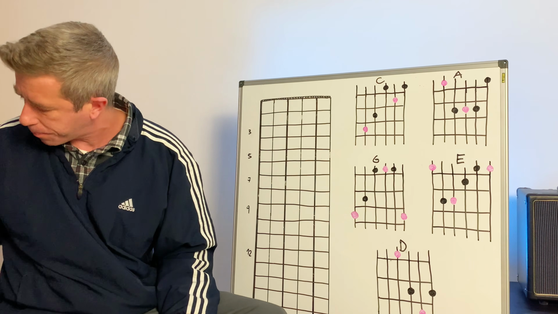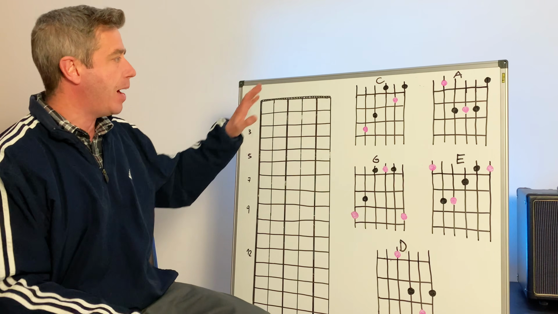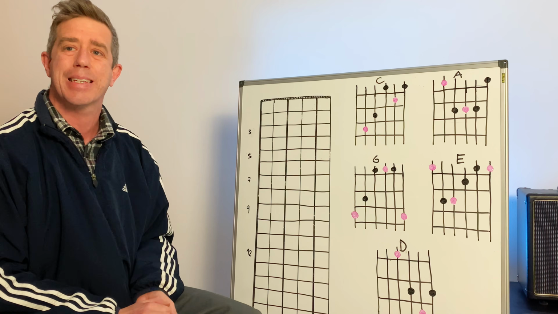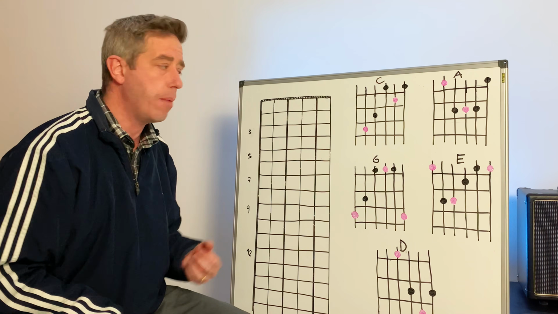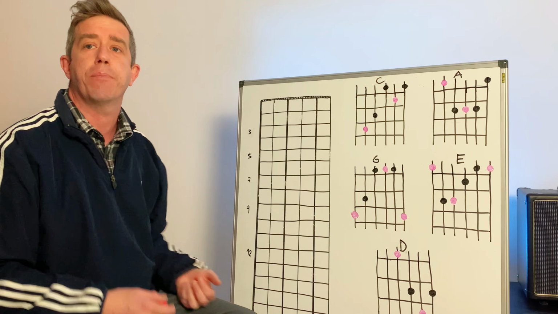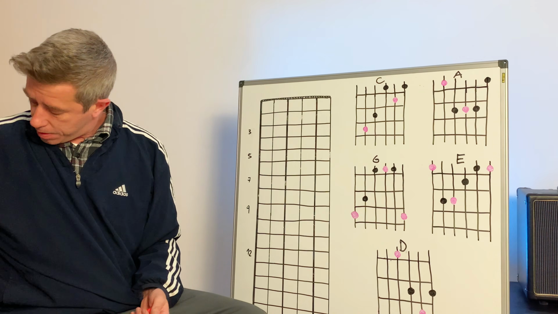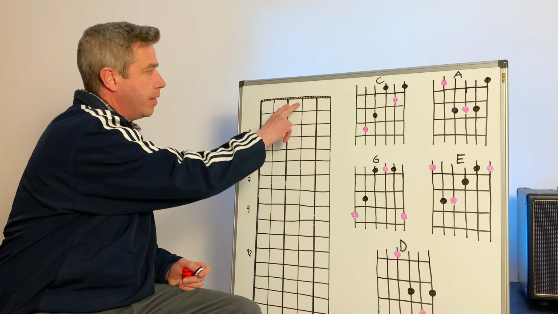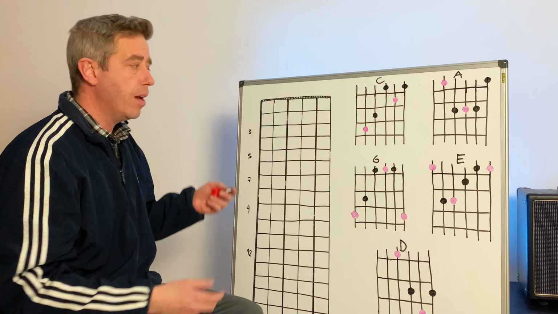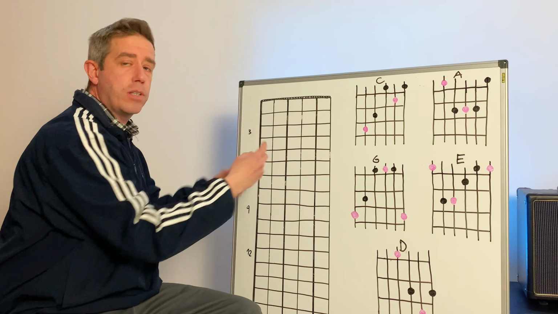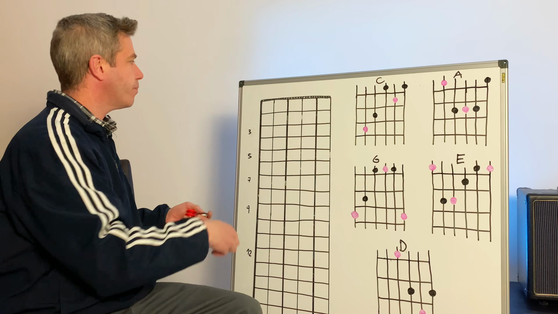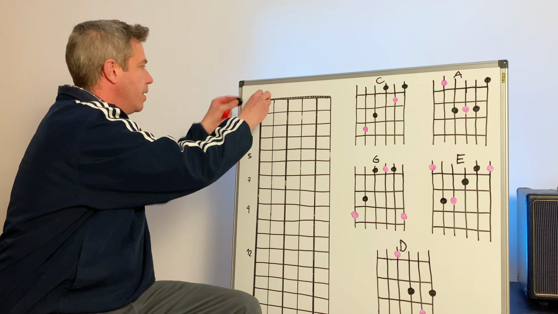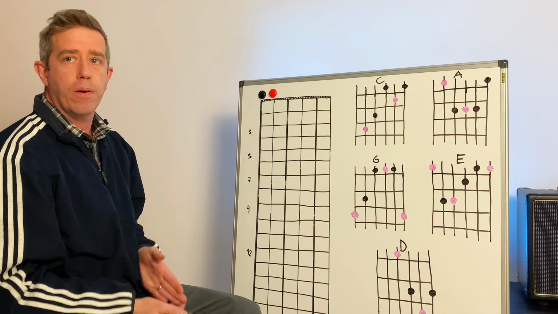With the 2-string approach, let's just say we want to play a C chord all across the fretboard using these 5 shapes of CAGED. The 2-string approach is based on the idea that you can divide 6 strings into 3 pairs of 2 strings, right? So let me just place this note and this note here, okay?